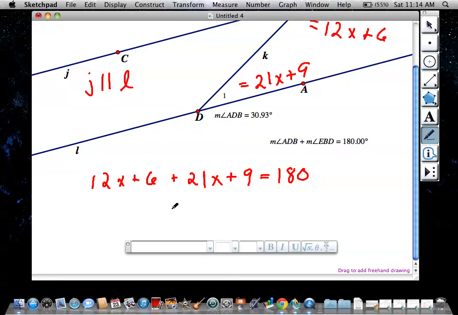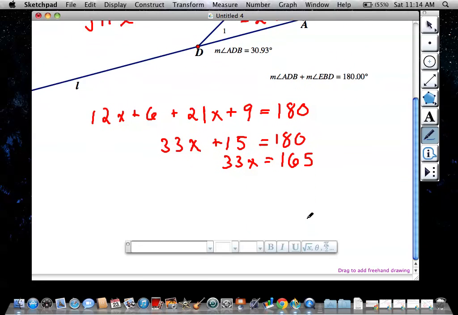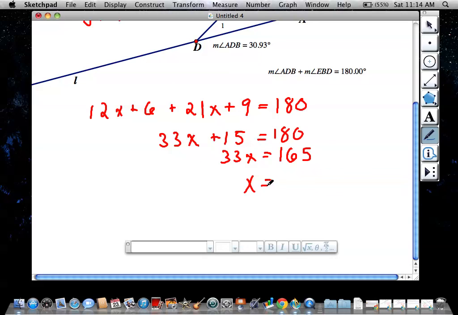So then that means that 33x plus 15 equals 180. So 33x equals 165. So x equals 5.